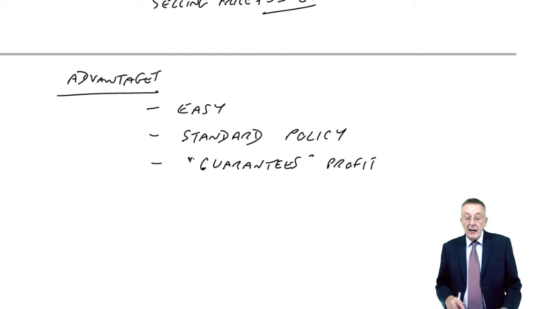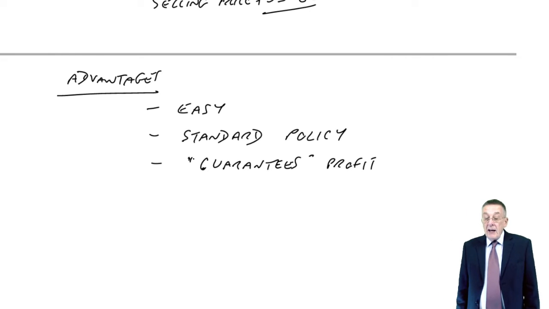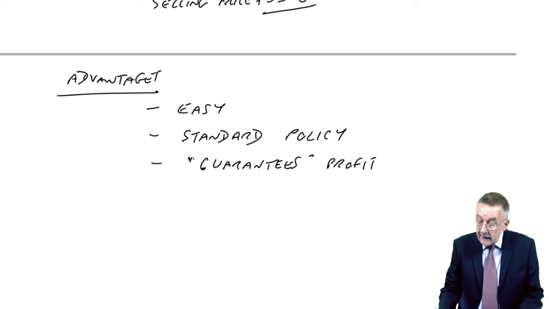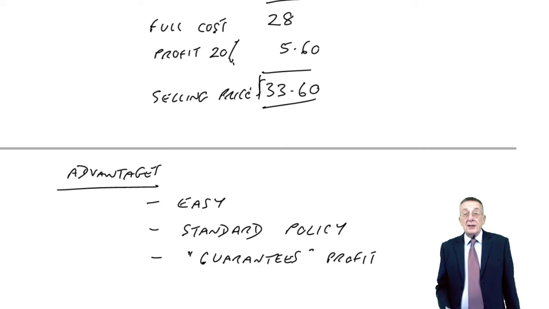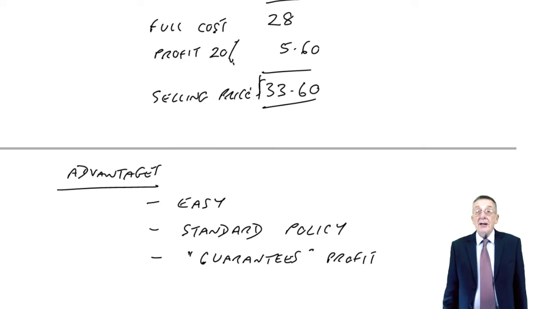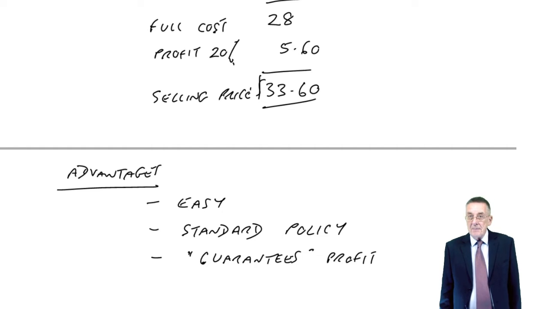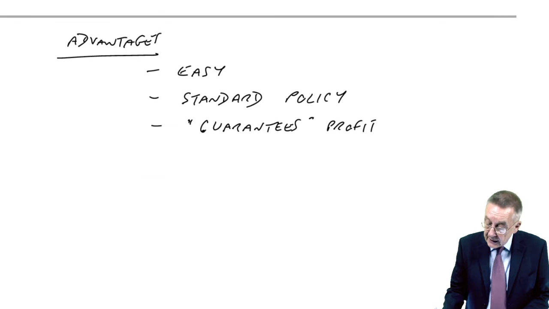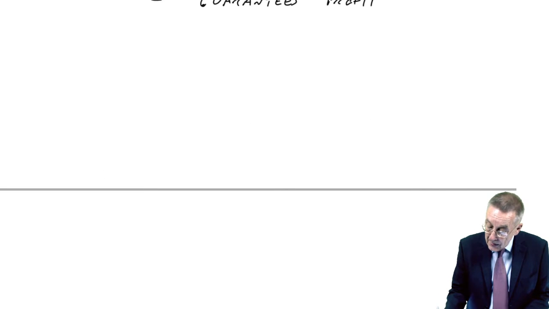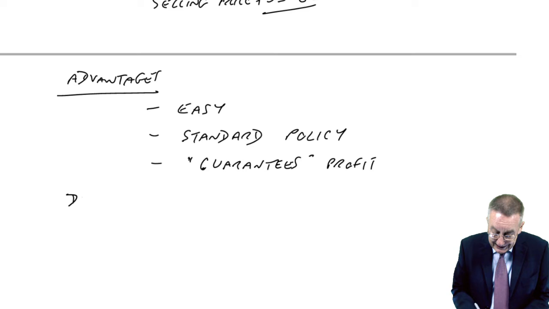I need to qualify that a little bit shortly, but fairly obviously, if this product is costing us 28 and we're selling at 33.60, then clearly there's going to be a profit. However, I think the disadvantages rather more outweigh the advantages.